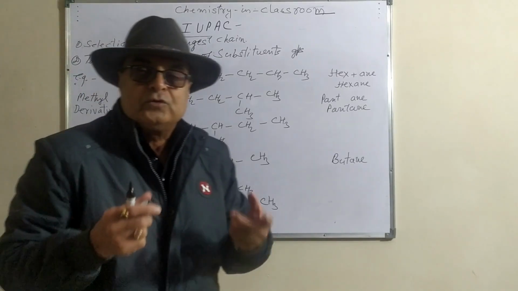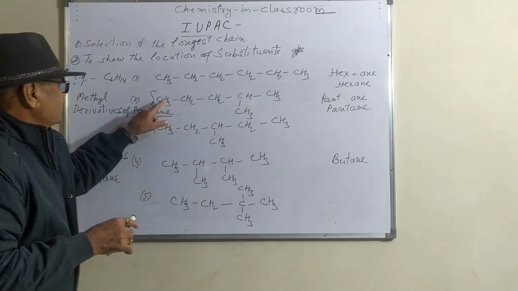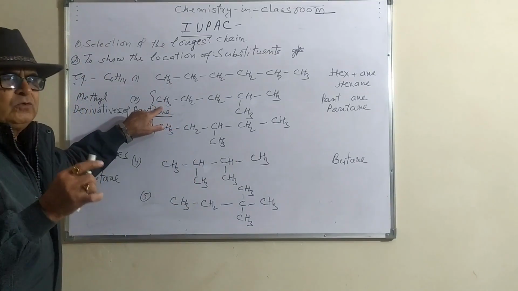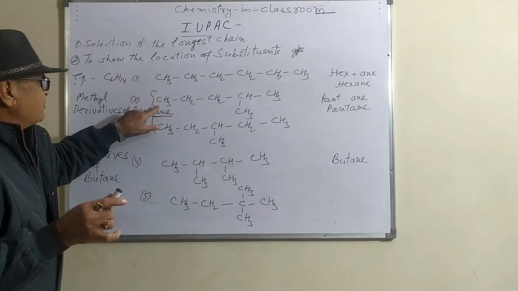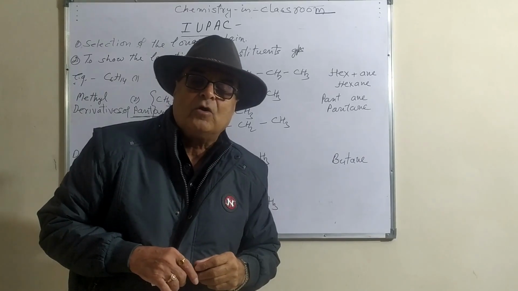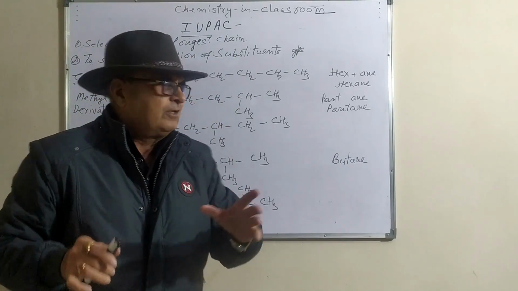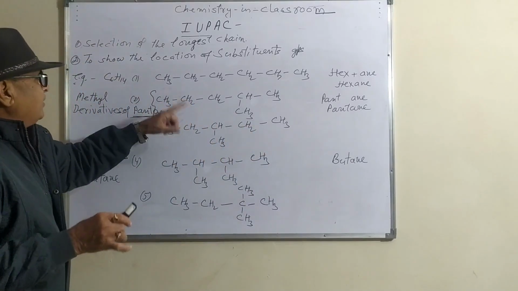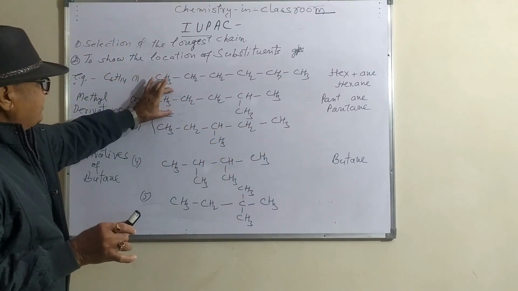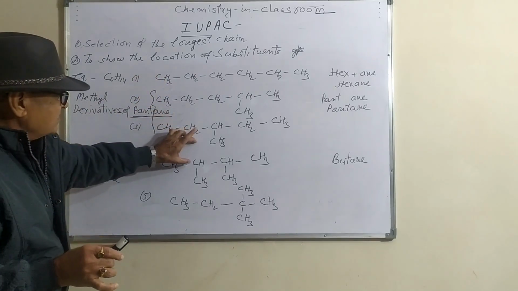Now if I say to you, write this structure, and I say write the methyl derivative of pentane, some students will write this structure and some students will write that structure.